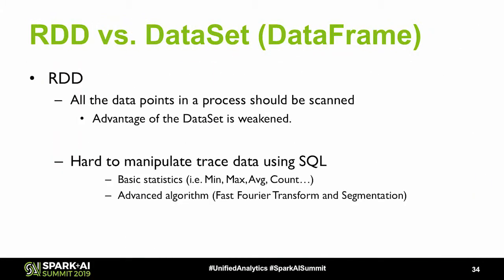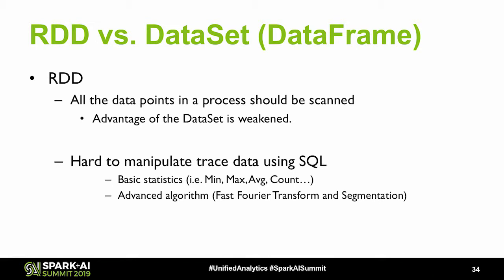As you know, given the trace data characteristics, we need to know the statistical summary. To get the statistical summary, we need to scan all the data points stored on the disk. When we use SQL to query our data, in our opinion, the data selected by the query is loaded into memory.